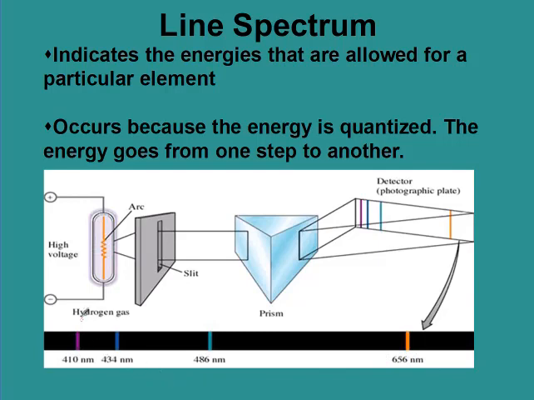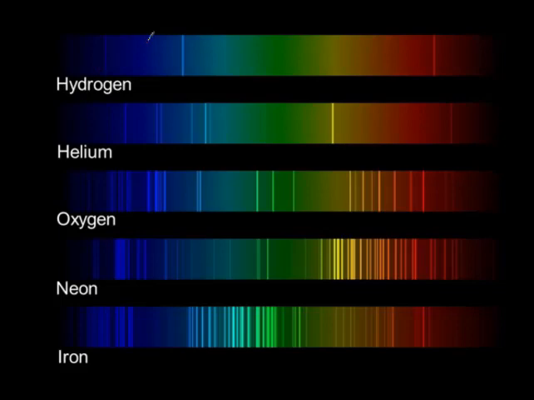So for this element, which is hydrogen, we have 4 wavelengths: 410, 434, 486, and 656. We can see hydrogen, helium, oxygen, neon, iron all here. Each of these bands is particular to a certain element, so it helps us identify which elements are in a given sample. This is how we can identify.